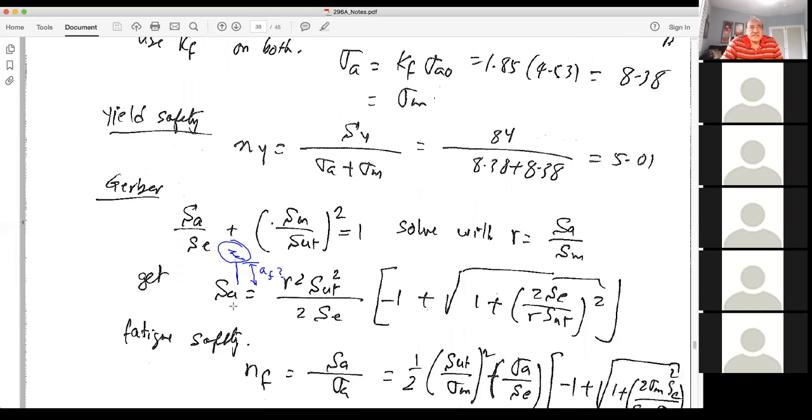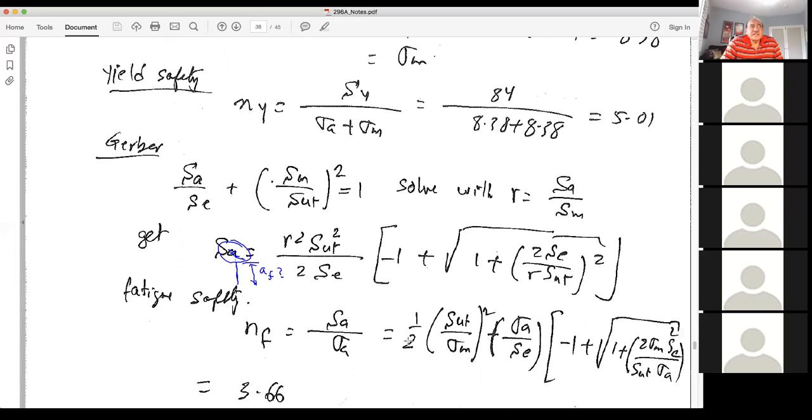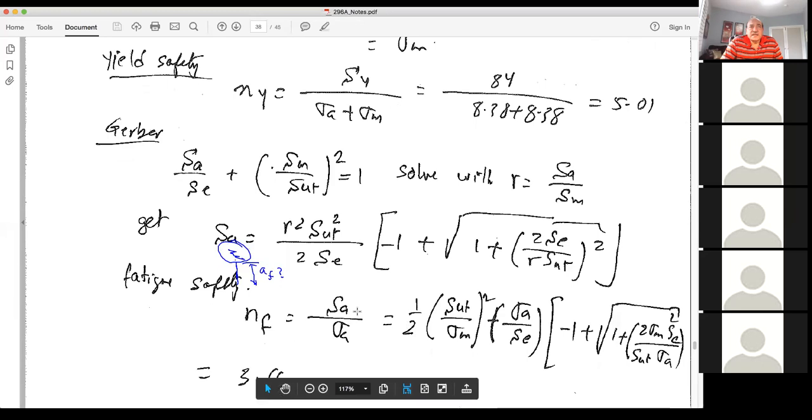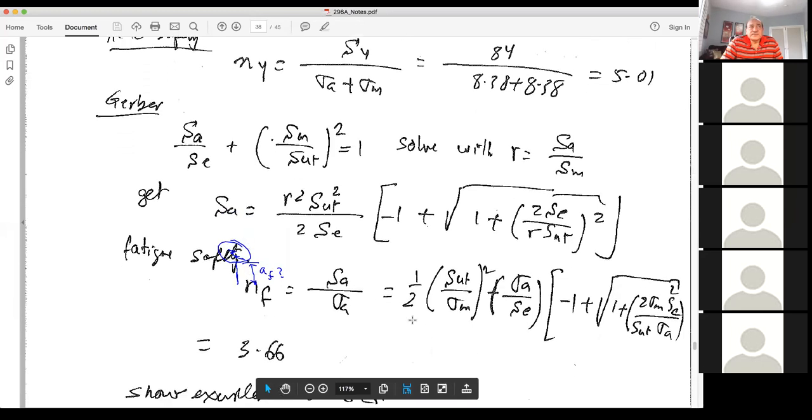So this table gives you SA in terms of S endurance, S ultimate, R. The R is the slope of the load line. And the fatigue factor of safety is the ratio of S alternating over sigma alternating in here.